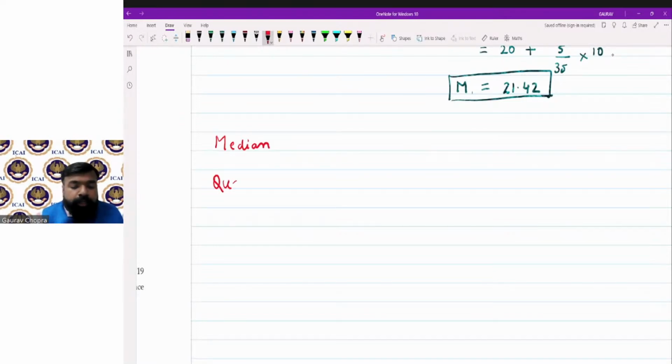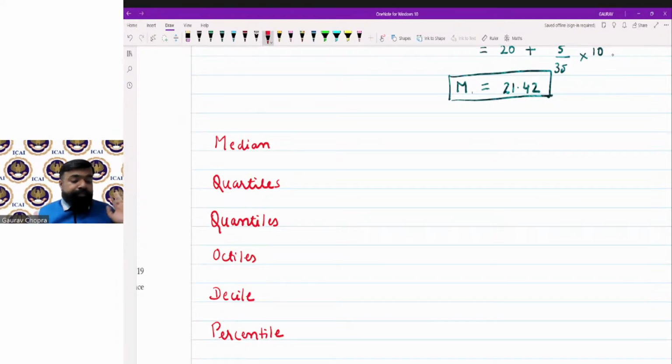After median, there are quartiles, then quantiles, then octile, decile, and then percentile. Abhishek says everything is crystal clear, sir, till now.